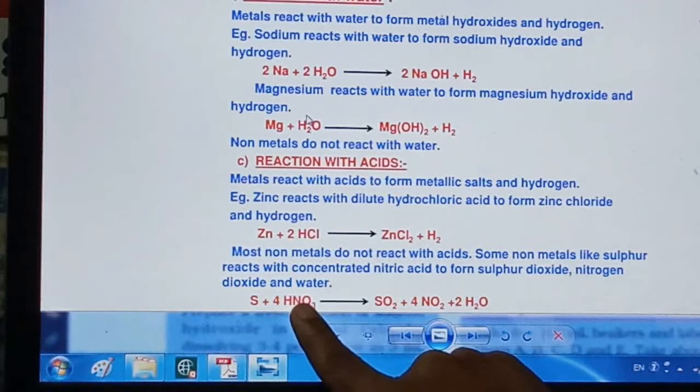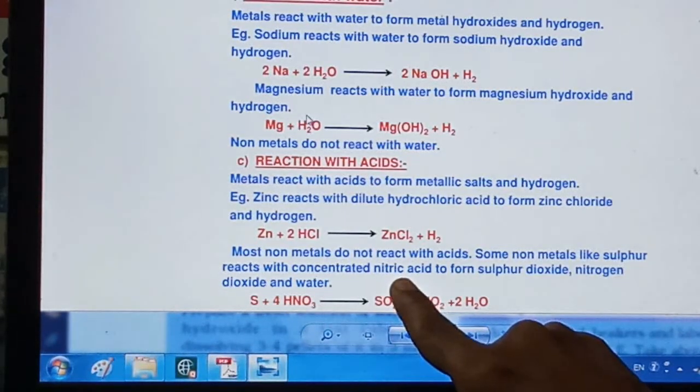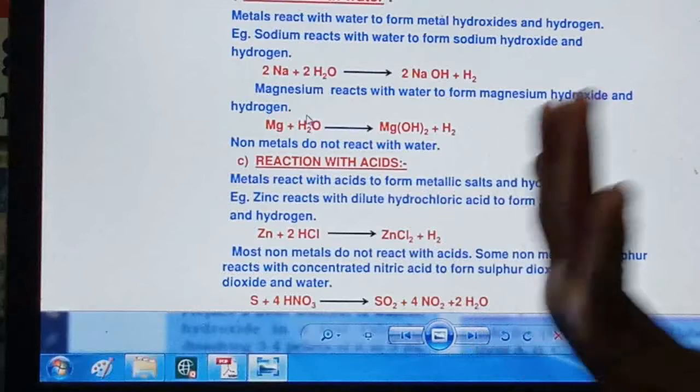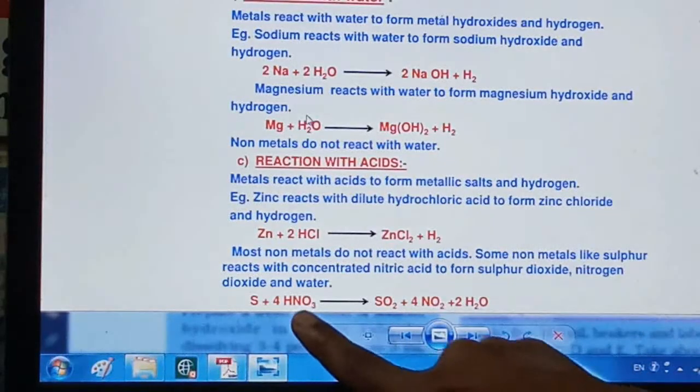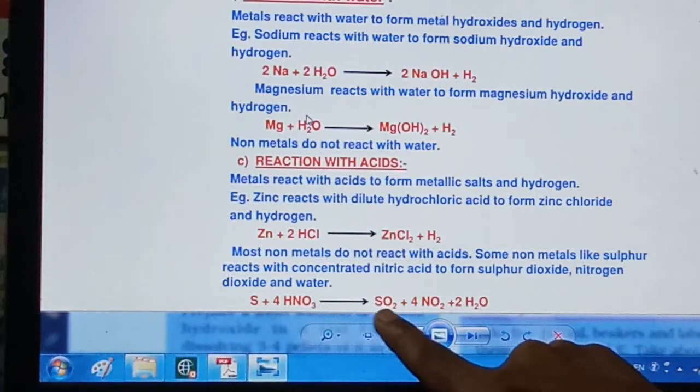HNO3 is the molecular formula of nitric acid. So one sulfur atom reacts with 4 molecules of nitric acid, so it is written 4, and gives SO2, sulfur dioxide.